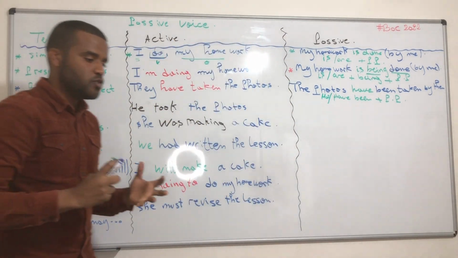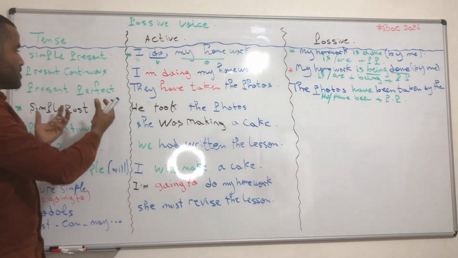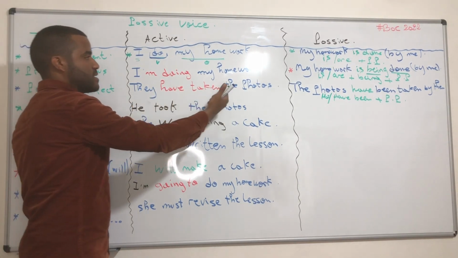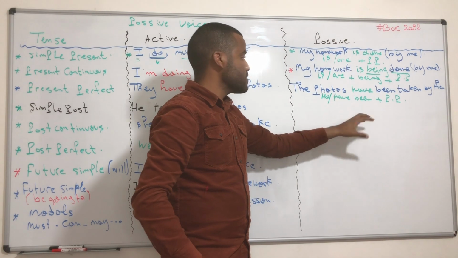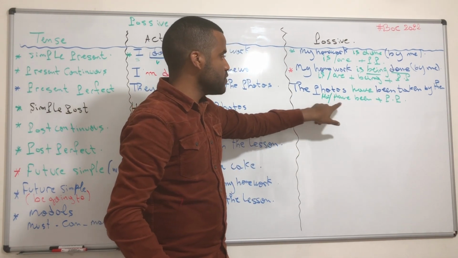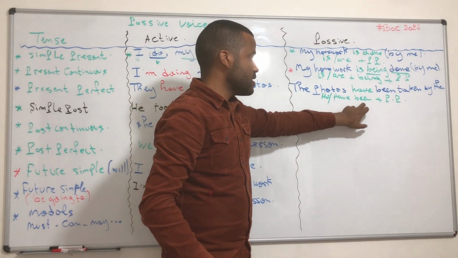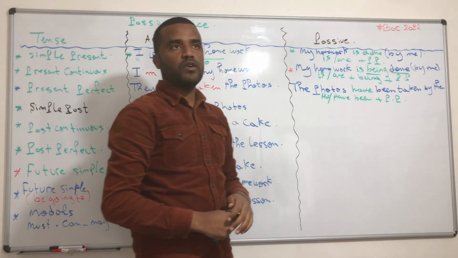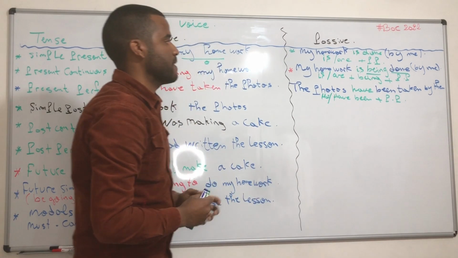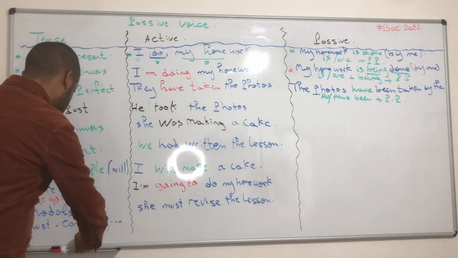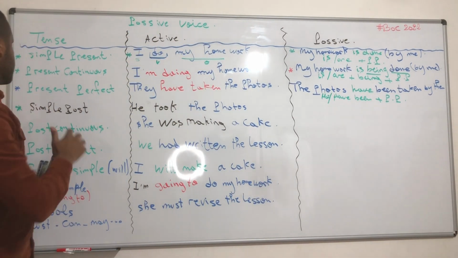If we have a sentence in present perfect like this one, they have taken, we are going to put have or has plus been, plus the past participle of the verb. Been means the verb to be in past participle.